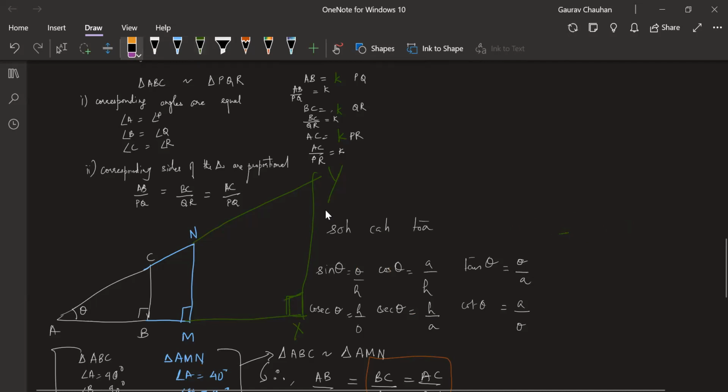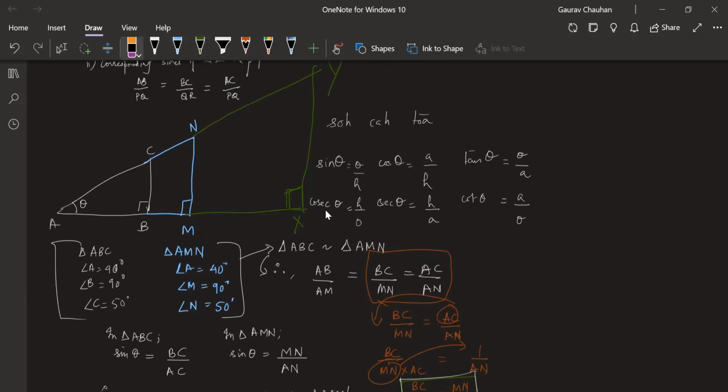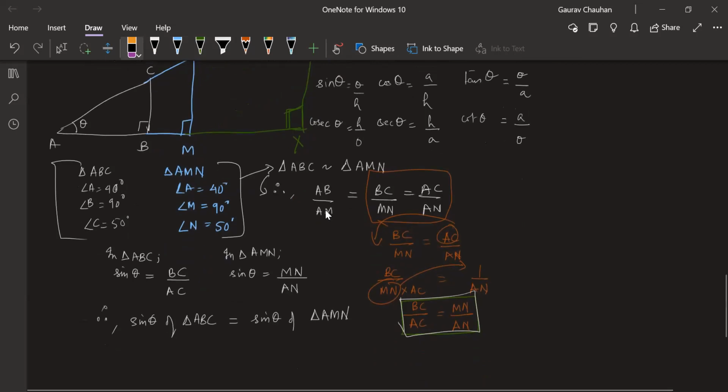I'll follow the same result, and what I'll get is that sine theta in triangle ABC and sine theta in triangle AXY is the same. That's the same result I'm going to get because I'm going to do the same exact calculations.